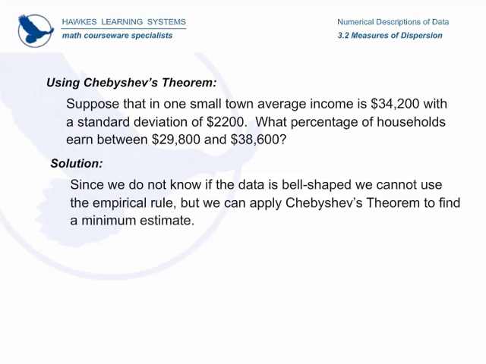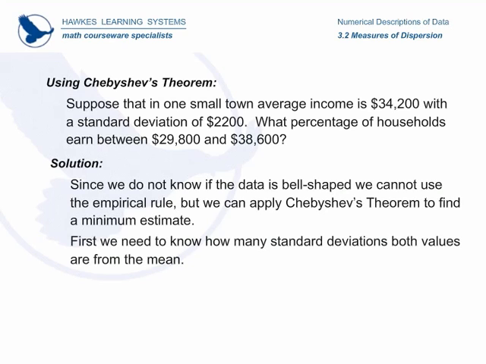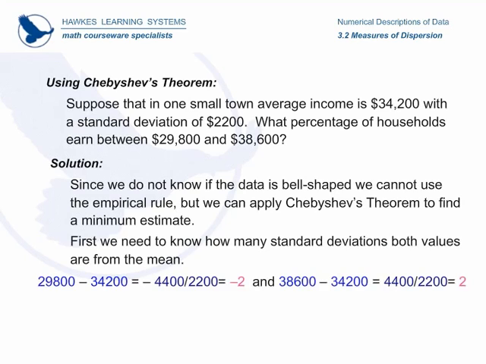For our solution, since we do not know if the data is bell-shaped, we cannot use the empirical rule. But we can apply Chebyshev's theorem to find a minimum estimate. First, we need to know how many standard deviations both values are from the mean.